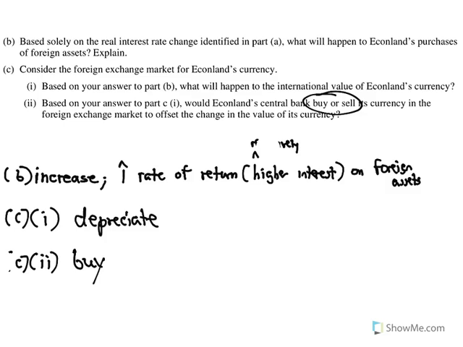Think about like a vacuum cleaner sucking up that currency so no one else can get it. If there's less currency available for people, then it's going to be worth more. So you're going to buy the currency to decrease the supply and raise the value of the currency.